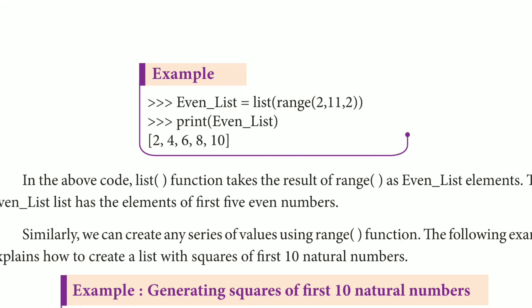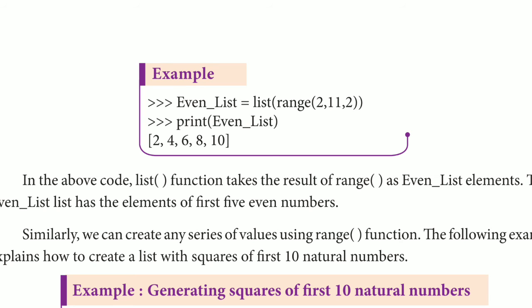Obviously it is 10 here, and the step value is 2. So this will create the list of even numbers from 2 to 10, and it will store those elements in the even list. So even list is a list name, and you can see the result in the next line.